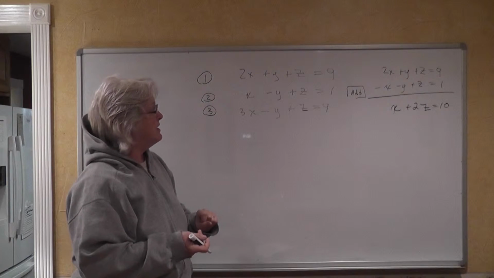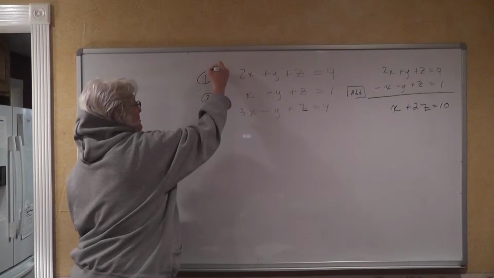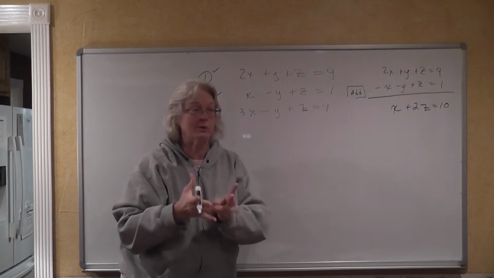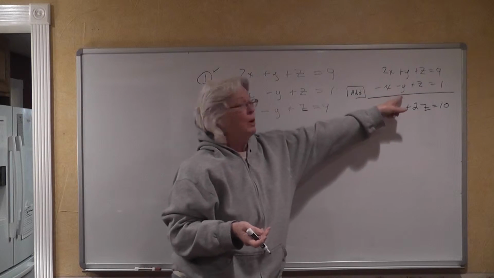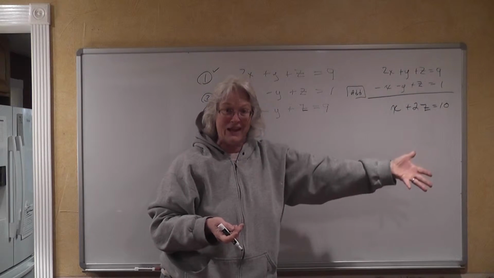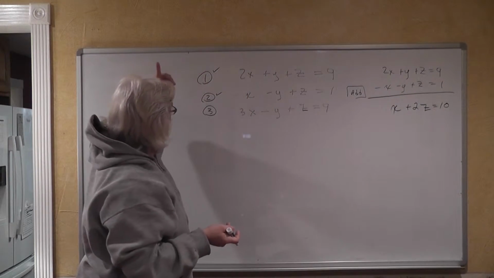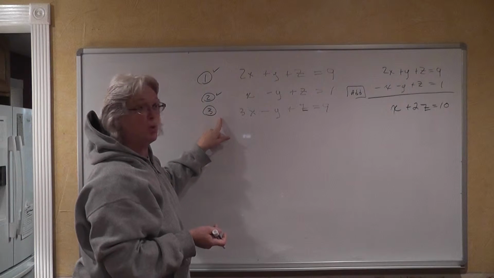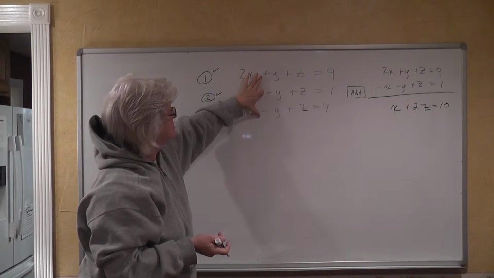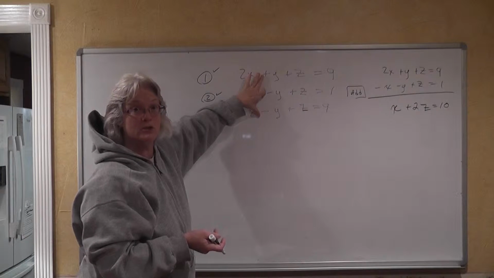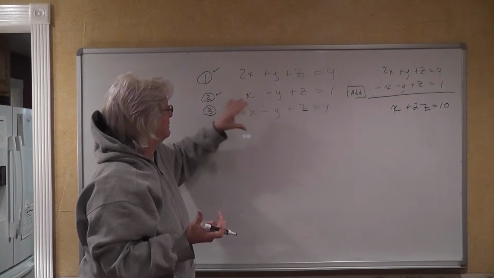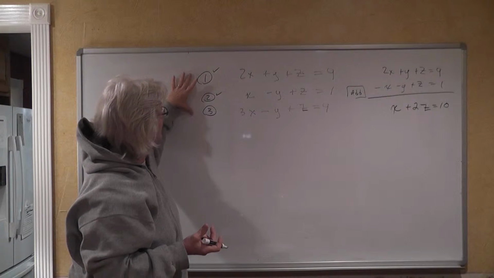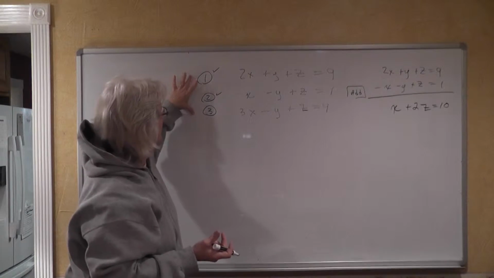What we need to do now, we've already paired these two equations together. We need to come up with a different pairing so that the y variable will drop out again. So I'm going to pick equation 1 and equation 3 because I already have opposite signs on my y. You could have picked equation 2 and 3, but I'm going to pick equation 1 and 3.